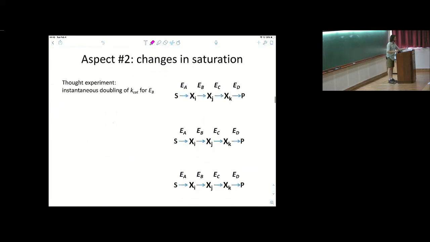But then the second aspect is this change in saturation. So in our model, we've got this thought experiment scenario of this instantaneous doubling. So if we have the 3, 1, 5, 7 suddenly going to, not all of them, come back. So we're going to double one of them. We'll pick on enzyme B again.